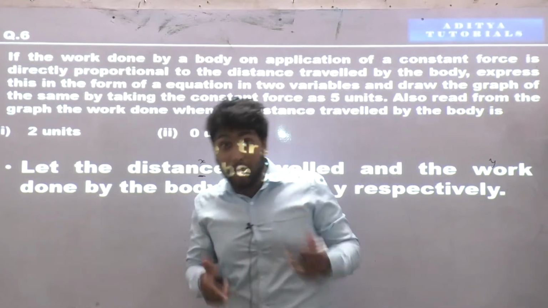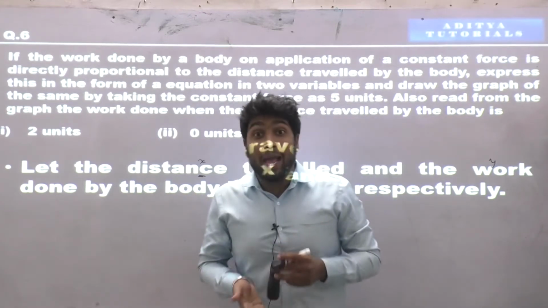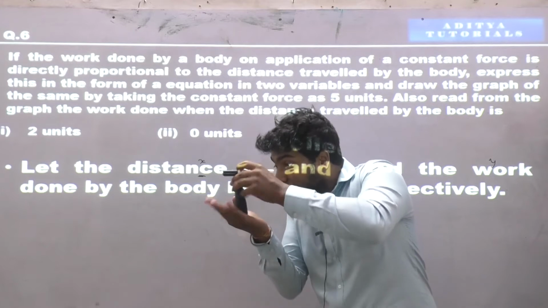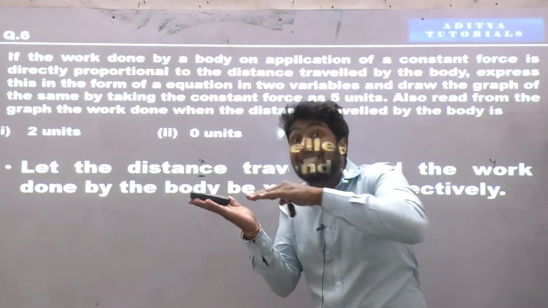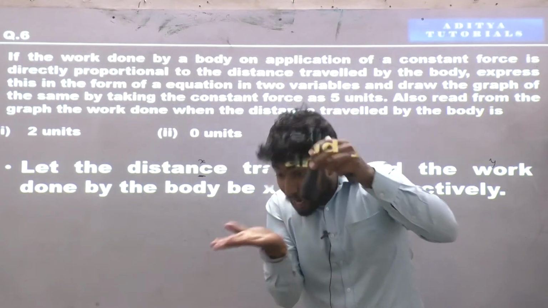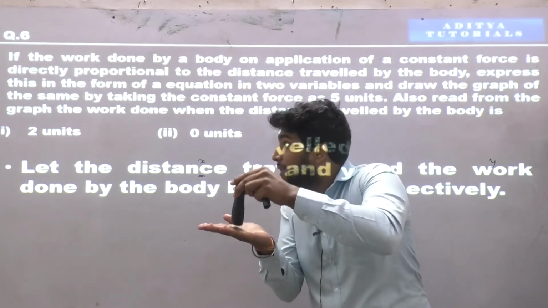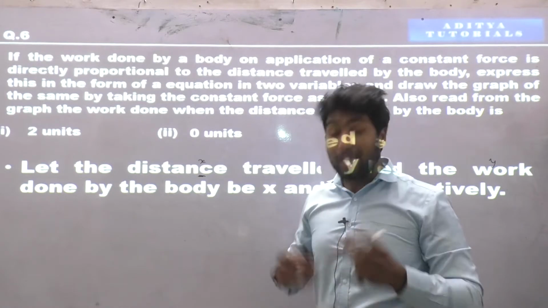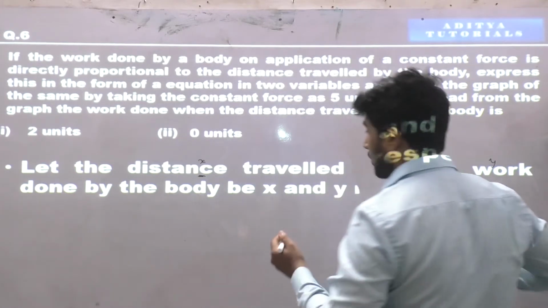The work done by a body by application of a constant force is directly proportional to the distance traveled by the body. Let's write first. चलो पहले मैं आपको एक्सप्रेस करता हूं.